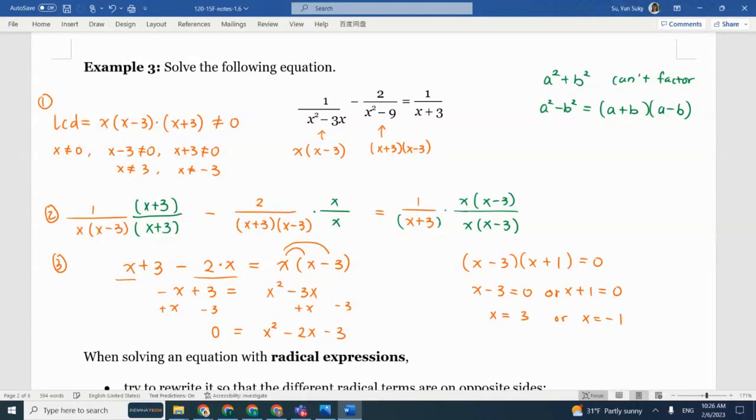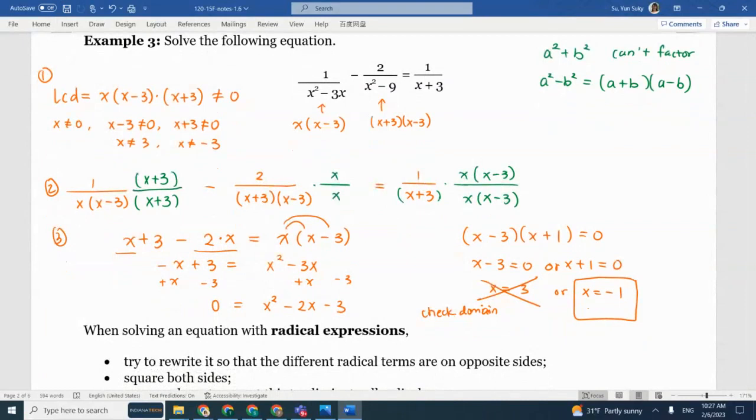Check with the domain. x cannot be 3. So our final answer is x equals -1. That's the final answer. Everybody clear about those 6 steps? So when you do your homework, follow the steps.